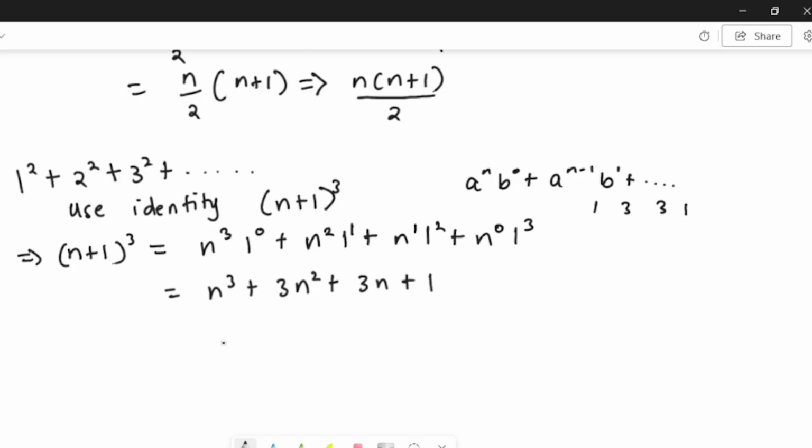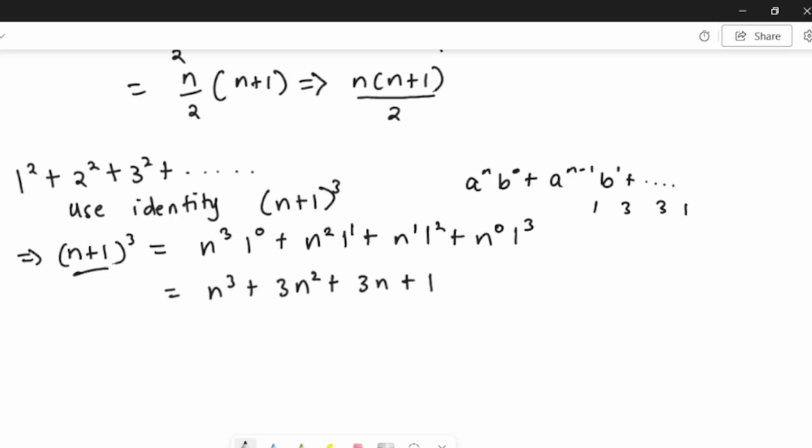The use of binomial expansion makes it easier for you to expand rather than guessing what your value should be. And now we are decreasing. If we have this equation and we keep subtracting 1, at the end we're going to end up with 3, 2 and 1.